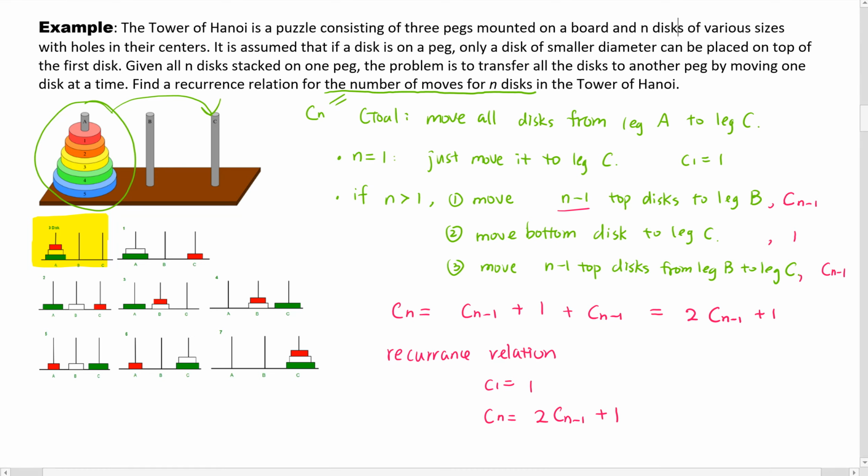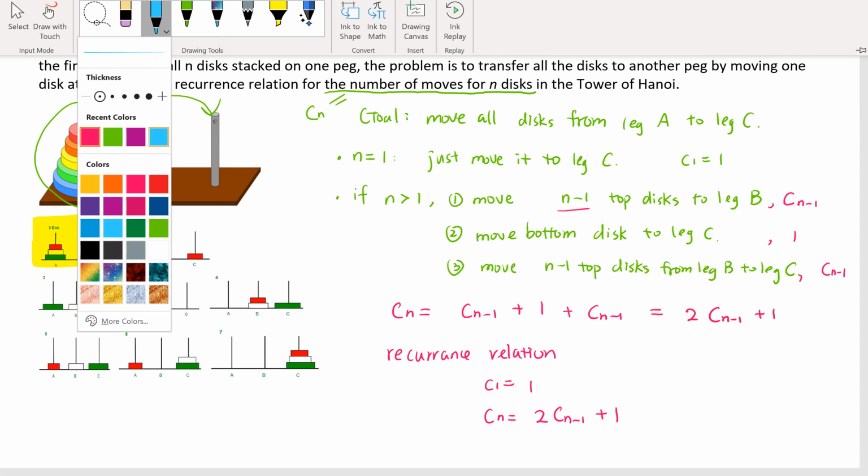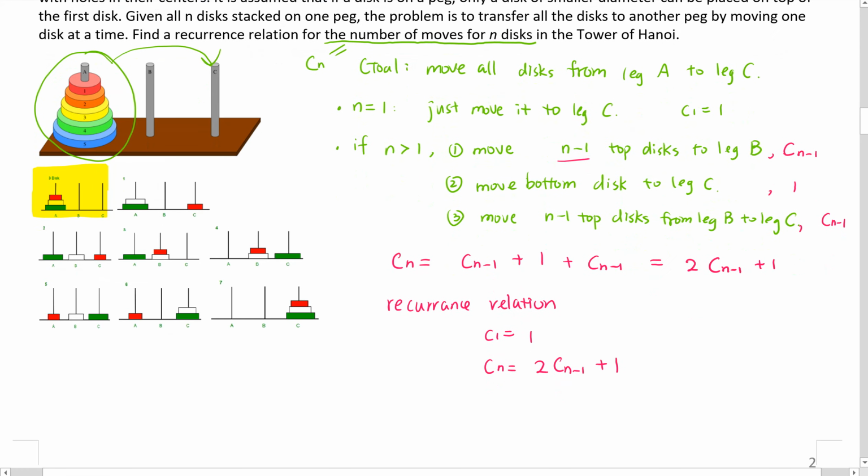Okay, so this is the recurrence relation. Okay, let's do one more. So given this recurrence relation, can we find an explicit formula for it? Okay, so how do we find an explicit formula?